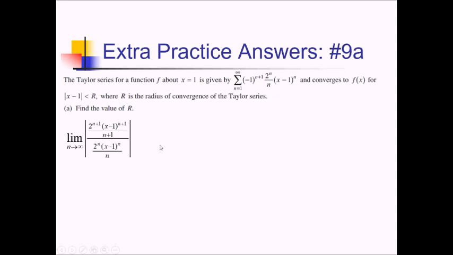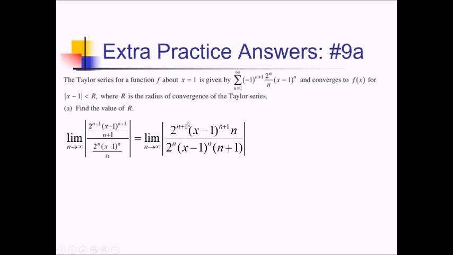And now I'm going to simplify this by multiplying by the reciprocal. So in the overall numerator now, we have 2 to the n plus 1, x minus 1 to the n plus 1, all that times n. And in the denominator, we have these two exponential terms, 2 to the n, x minus 1 to the n, and then we also have this n plus 1.